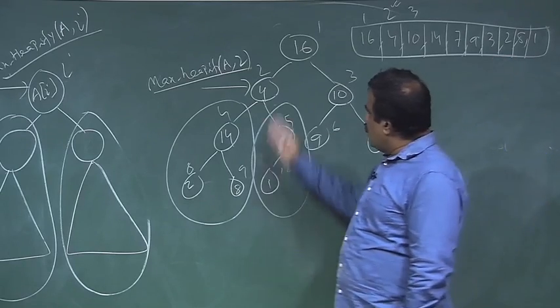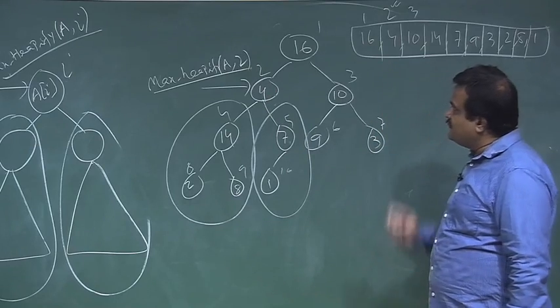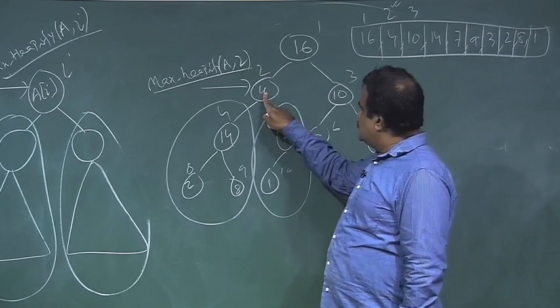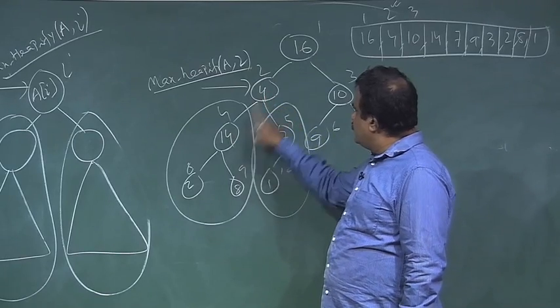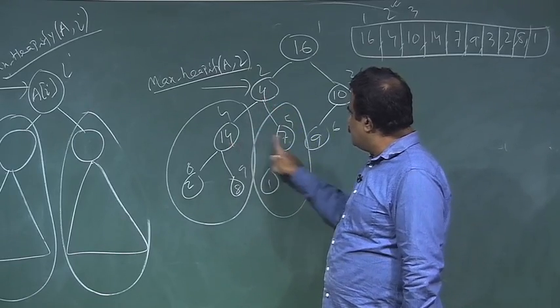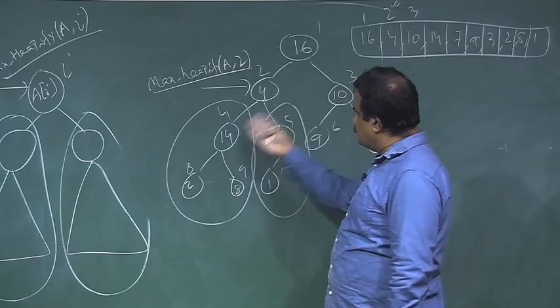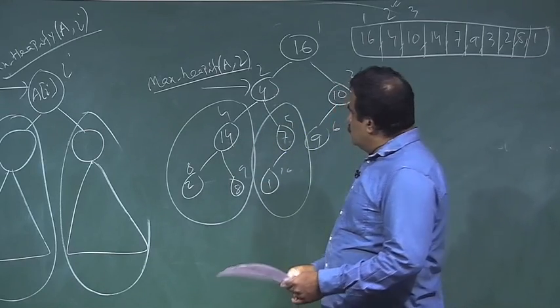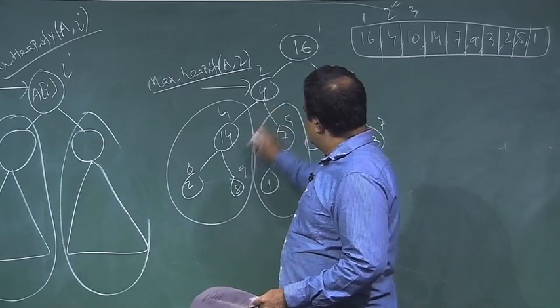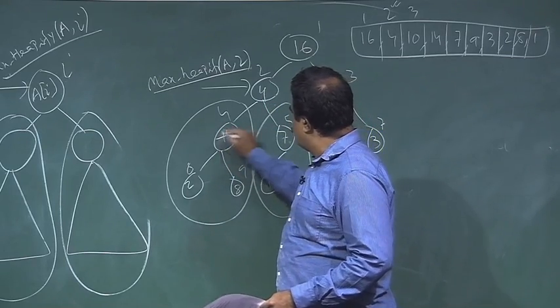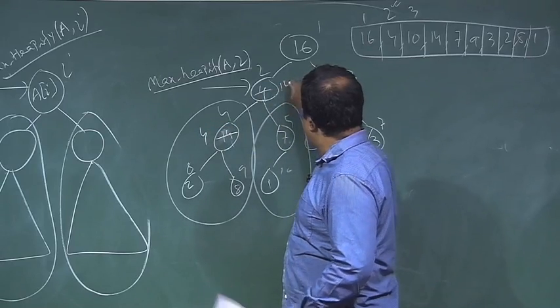Now how can we fix that? The max-heapify subroutine works like this. This has a problem, so we replace this by the maximum of these two children. Among these, 14 is the maximum. So 4 will come here and the 14 will go here.